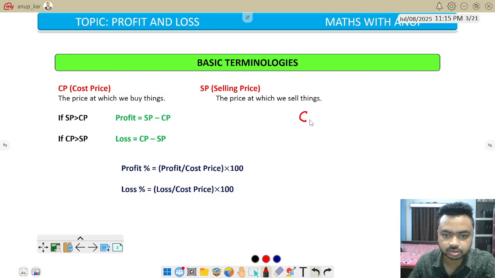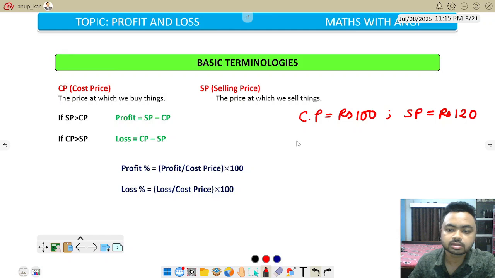So my cost price equal to rupees 100, and after buying that article, I am supposedly selling it to another person at a selling price of rupees 120.